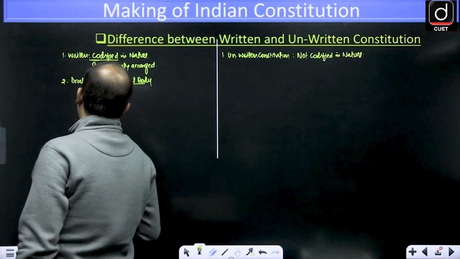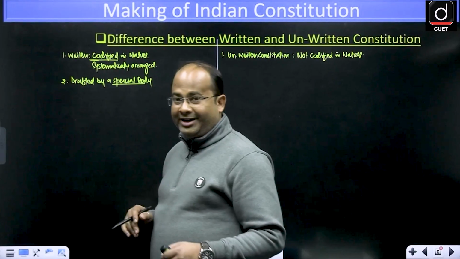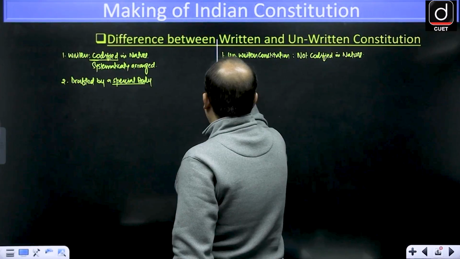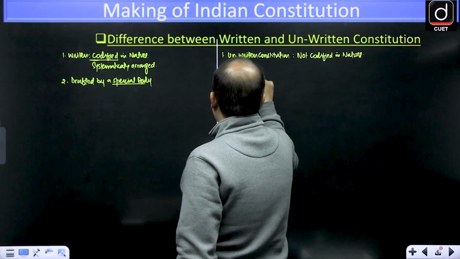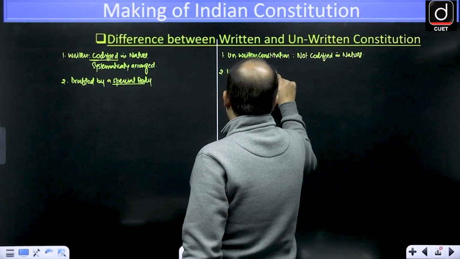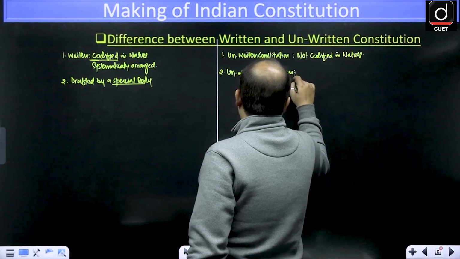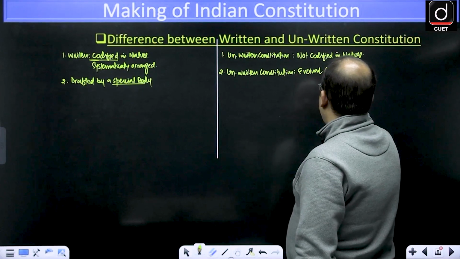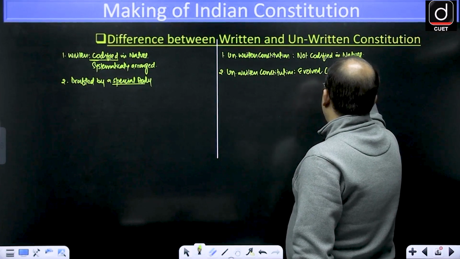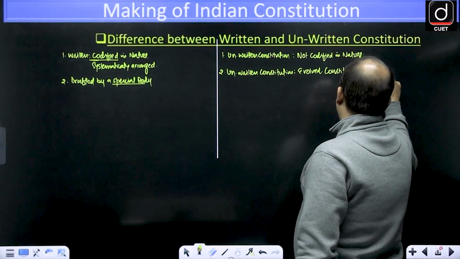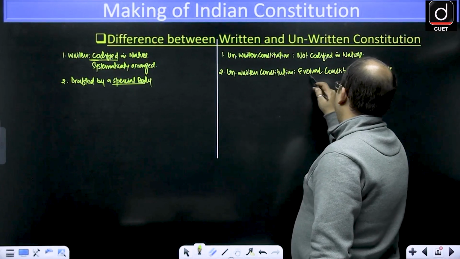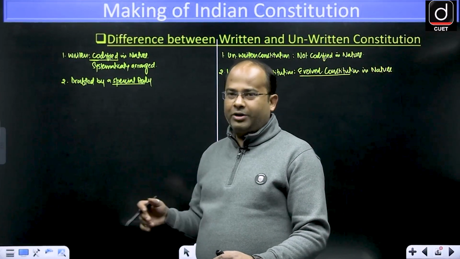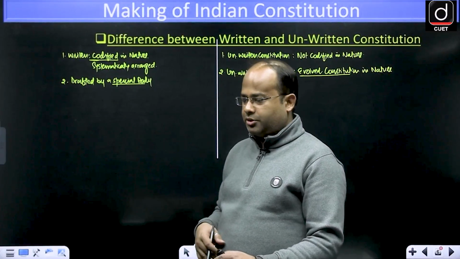Like the Indian constitution, it is drafted by the Constituent Assembly, that was a special body, but unwritten constitution is an evolved constitution in nature. So it is an evolved constitution in nature. So such a constitution whose origin is evolving, that means once you get the provision you add it in the constitution.